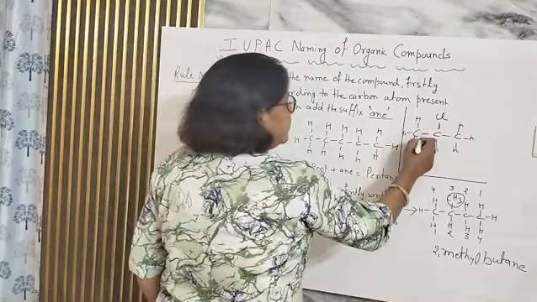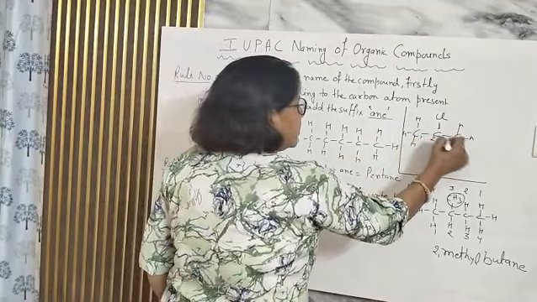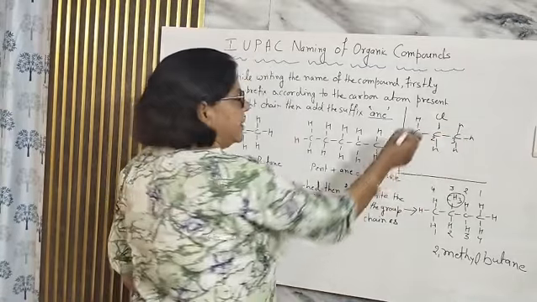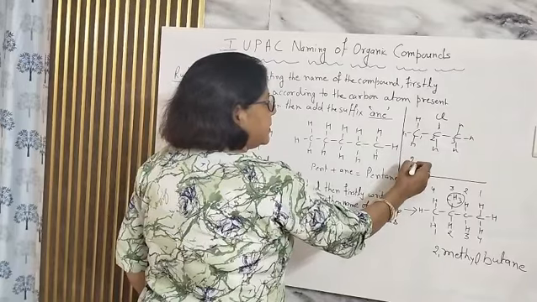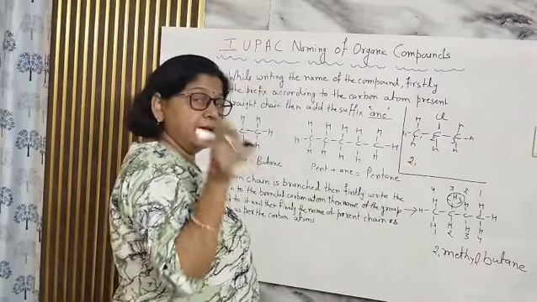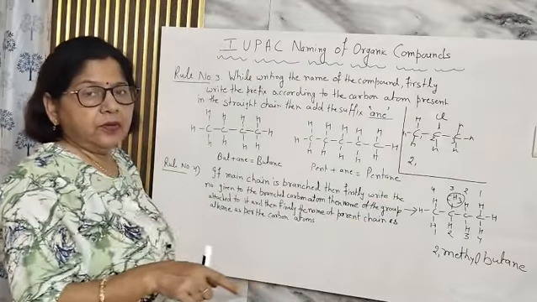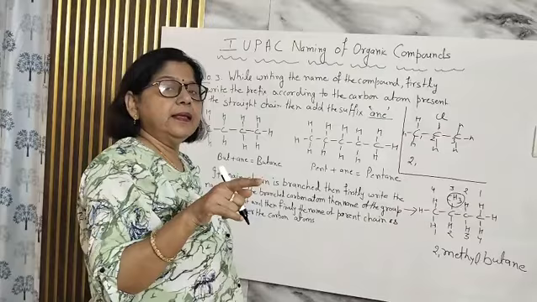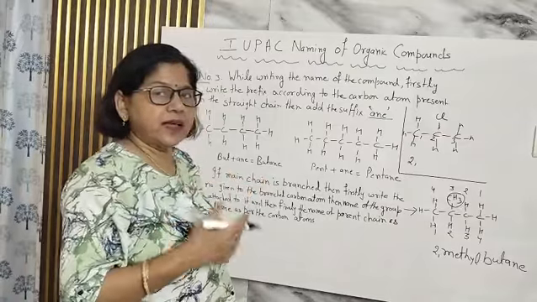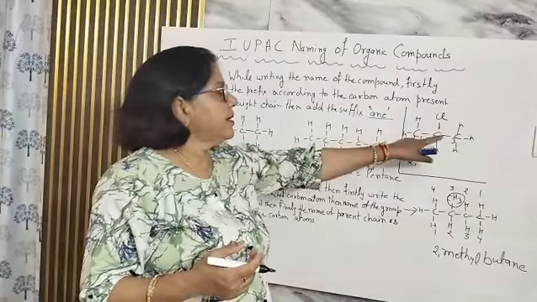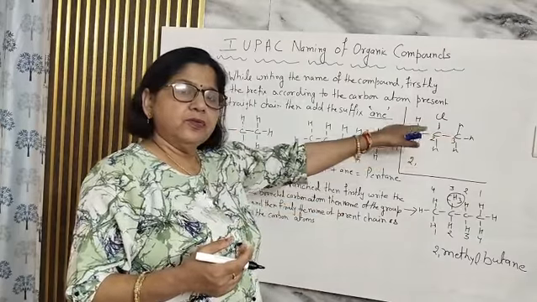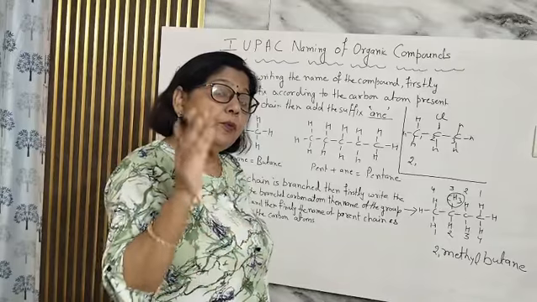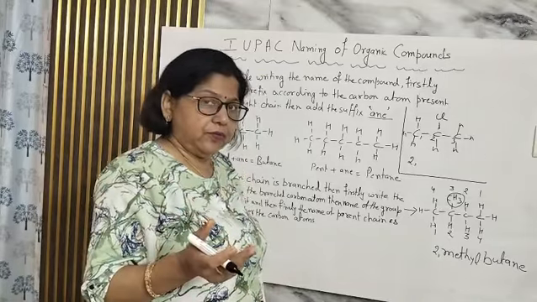So what shall we write? The number is 2, the branch carbon atom. So according to the rule, what do we write first? The number given to the branch carbon atom, 2, then the group attached to it. So children, whenever chlorine, fluorine, bromine or iodine is in the side chain, meaning on any of the carbon atoms, its name becomes chloro, fluoro, bromo, iodo.